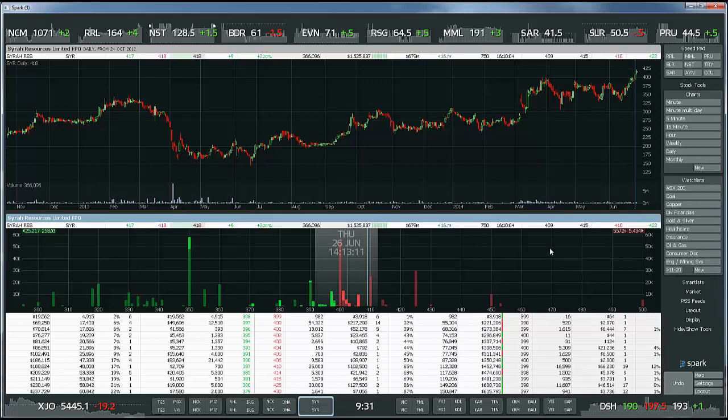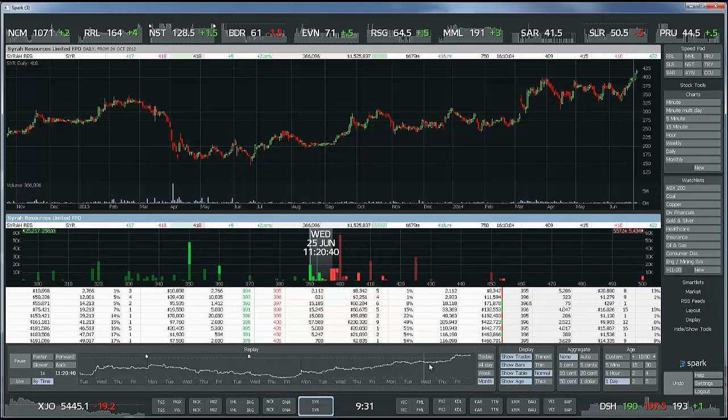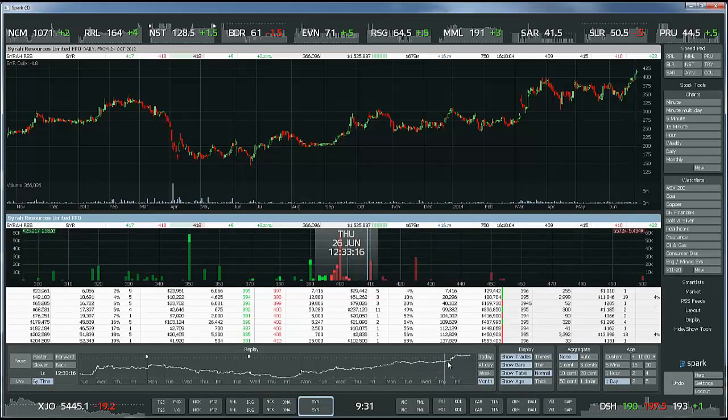So now we'll look at the Spark Order Book replay function to see how it played out. You can see that the time and date is being displayed here, but if you right click here, you can choose, using the scrubber, your starting point of the replay, and that also corresponds with this line in the chart up here, which is a marker.